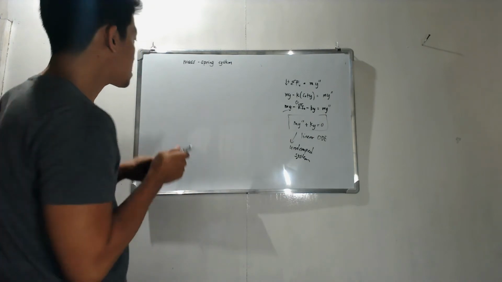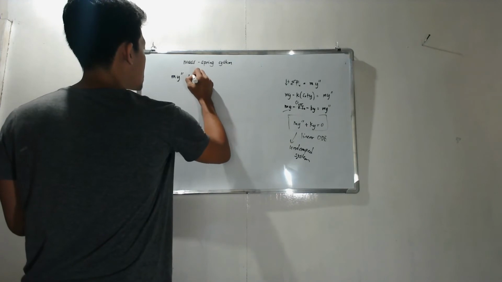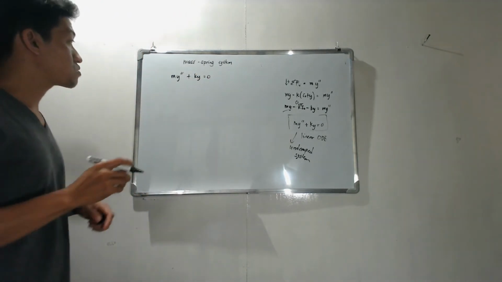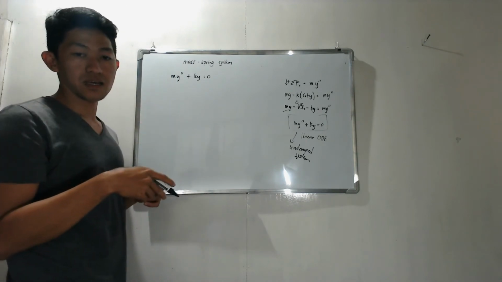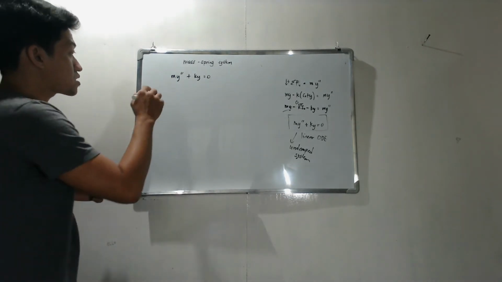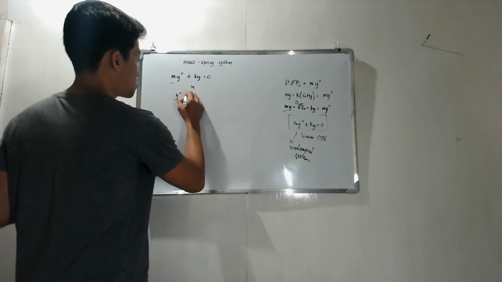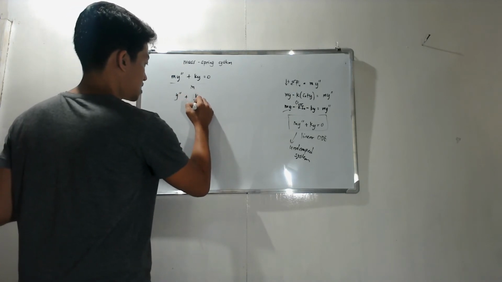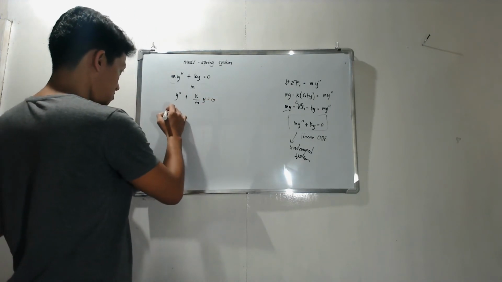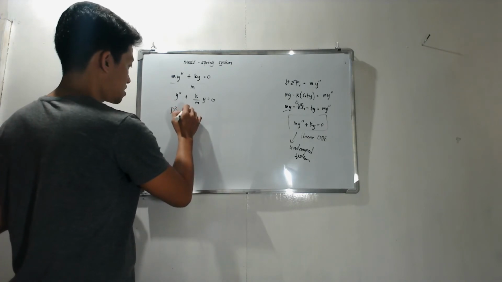If you have this differential equation, how do you solve the general solution of this one? We will apply the methods that we have learned in solving linear homogeneous differential equations. You divide this by m, you have y double prime plus k over m y. Let's find the characteristic equation.